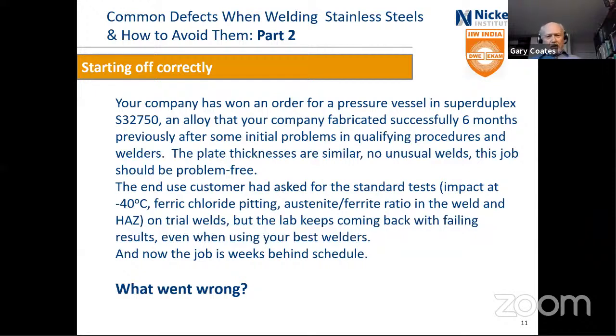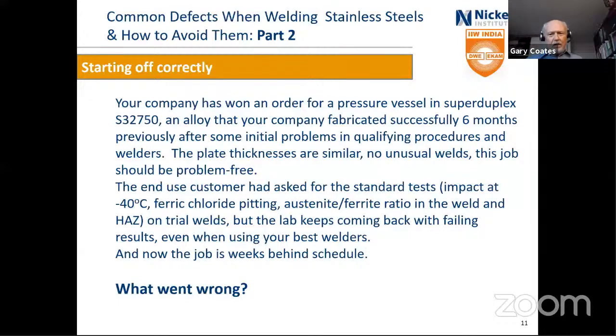So you do your trial welds, you use your best welders, of course, but you send it to the lab and it comes back with failing results. And now the job is weeks behind schedule. You've got a lot of money you've spent in testing that is not good.